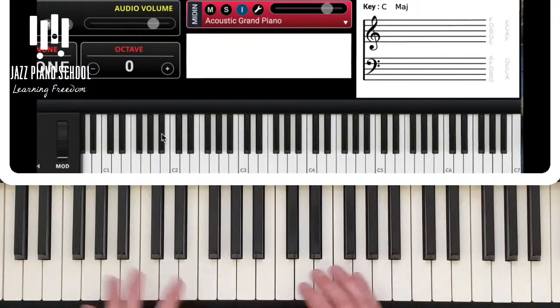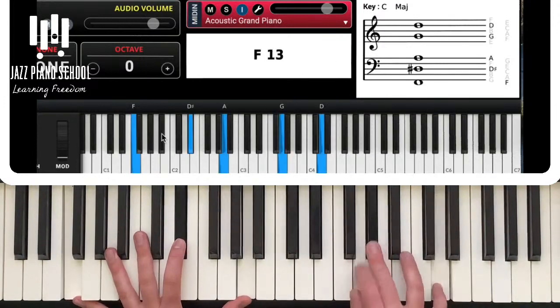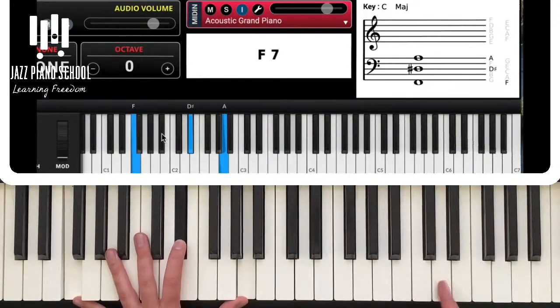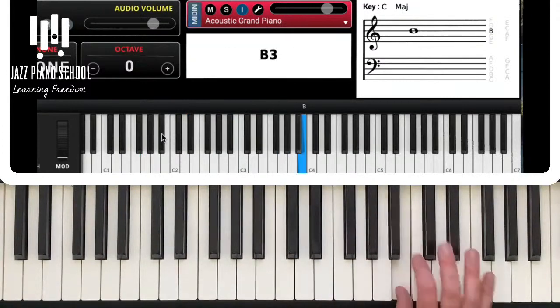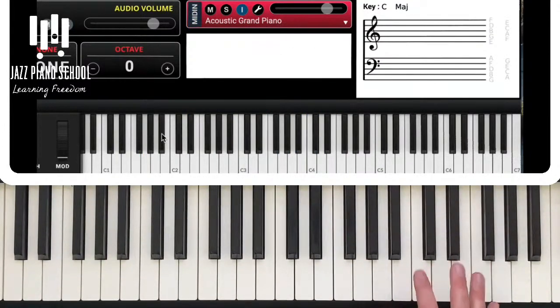Oscar Peterson uses certain types of sounds, mainly the major sixth in his sound. So the six in a blues scale is something Oscar is really, really known for. Wynton Kelly has more bebop in his blues.